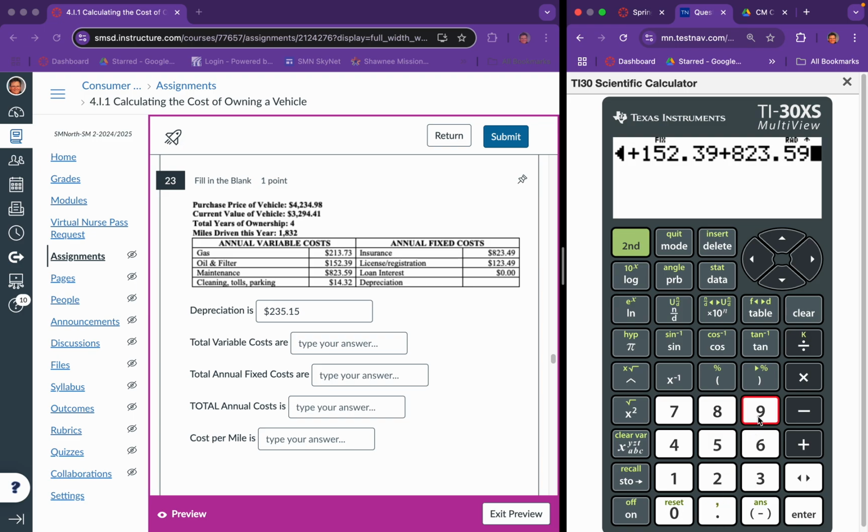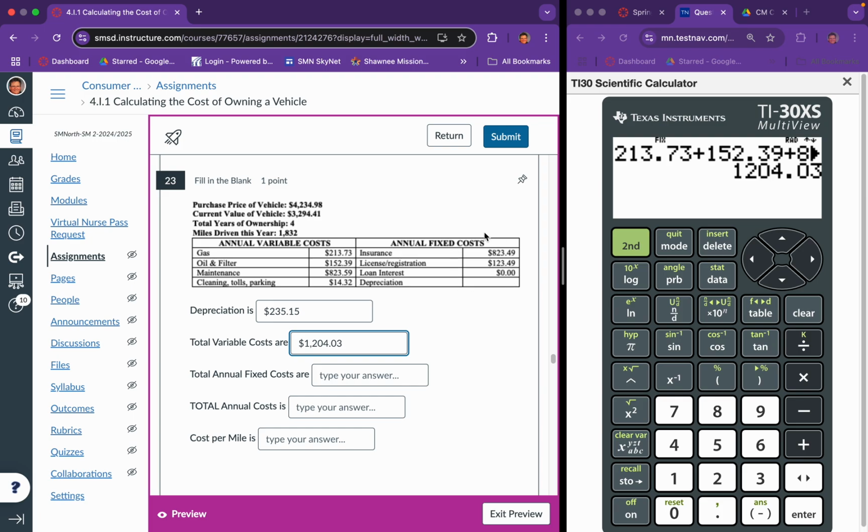So we add all the money we've spent together. Oh, and $14.92 on things like toll gates and parking and cleaning, that sort of thing. So $14.32. So these four numbers added together. These four numbers add together to be $1,204.03. Okay.